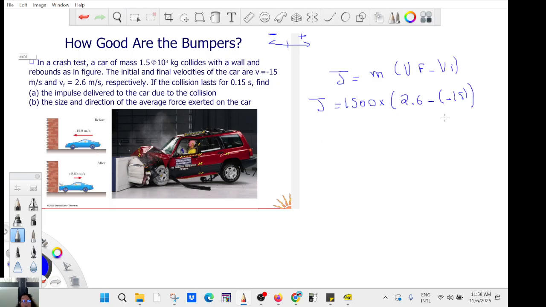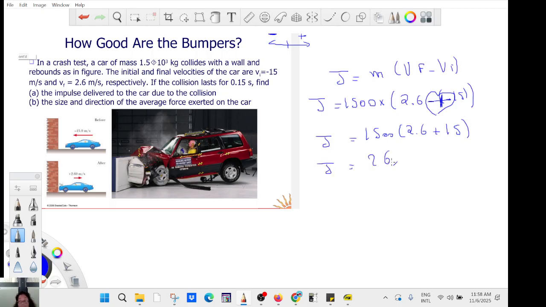So, you see, when I was teaching math, I would say the enemy of my enemy is my friend. So that's a plus, right? So J equals 1500 times 2.6 plus 15.